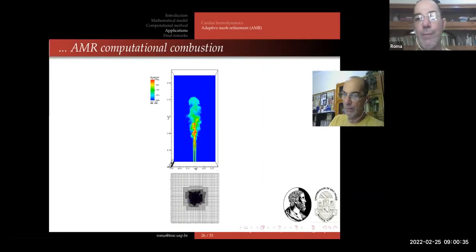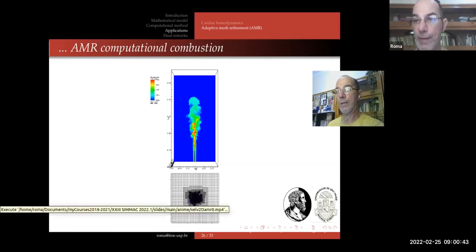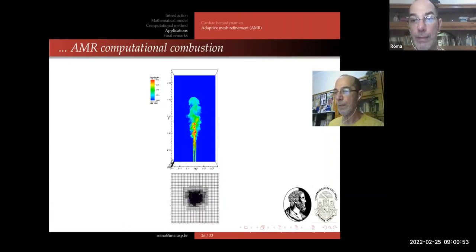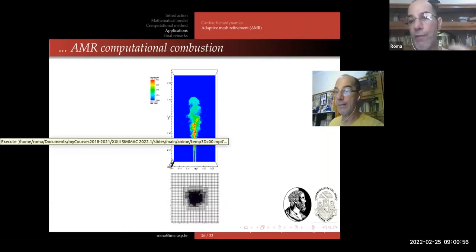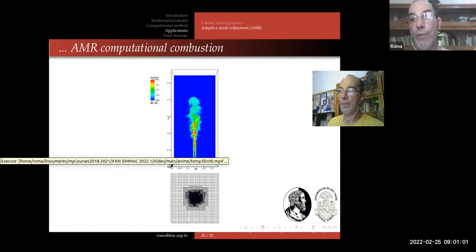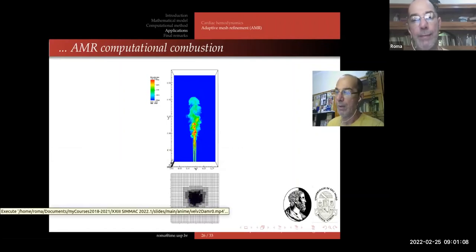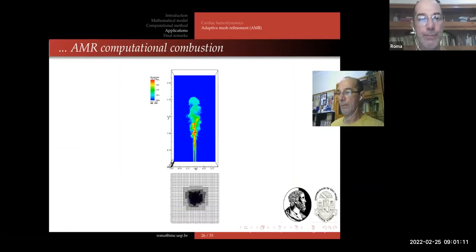A student of mine performed them a few years ago, and we used local adaptive mesh refinement to save computer time, and we refine close to the interface of this flame. So we don't have to use a uniform fine mesh for the entire computational domain. This is three-dimensional.